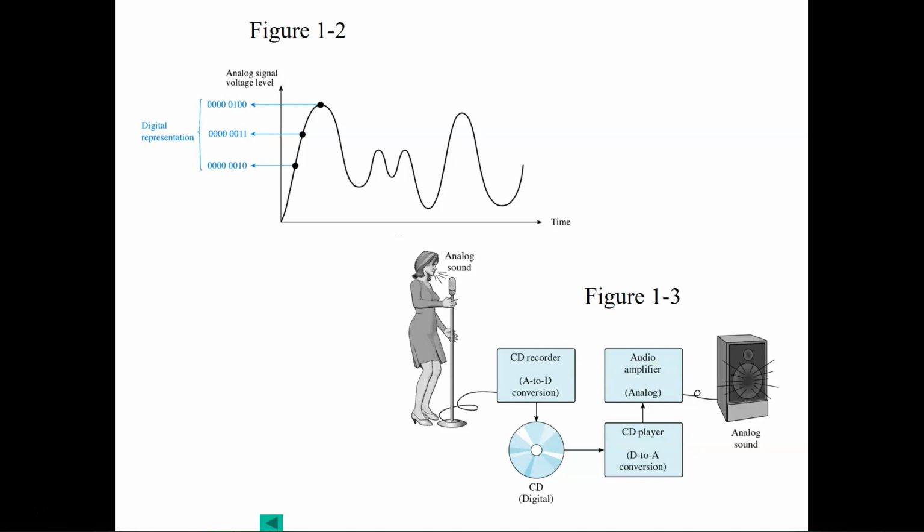Right? So we have an analog signal because anytime you sing or do things like that, you create an analog signal. I don't know how many of y'all sing or listen to music, but you should pick up on the fact that when somebody sings, it's not one note and then they stop.